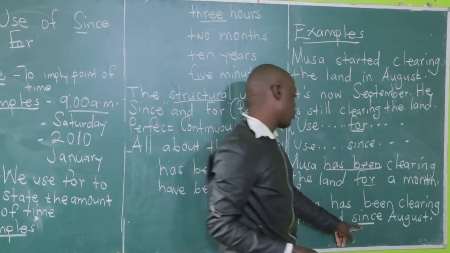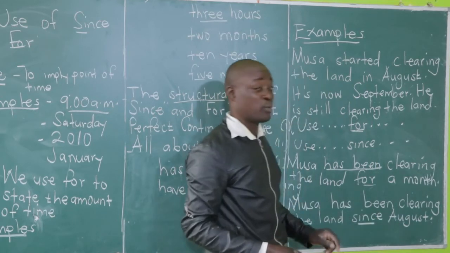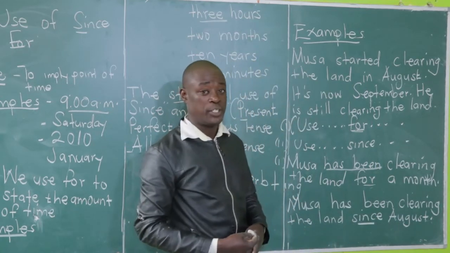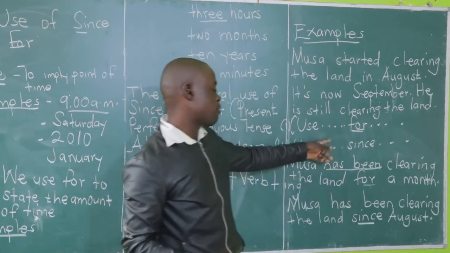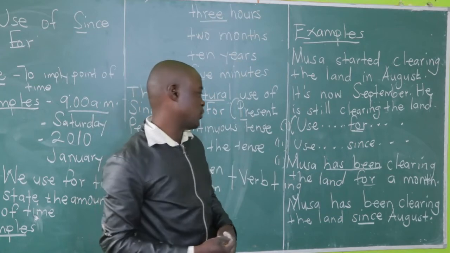This time round, I will not say since 1 month, because 1 month is duration. So, this is the use of since and for in the present perfect continuous tense.